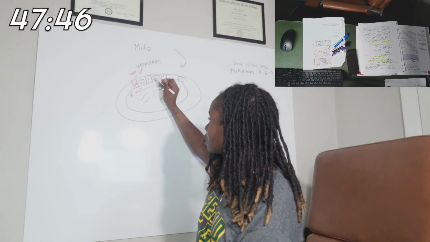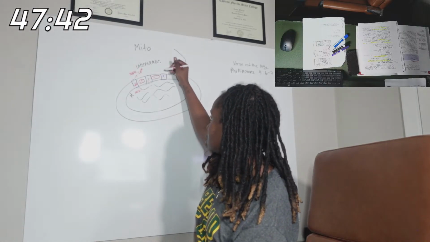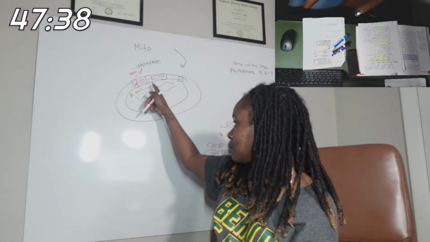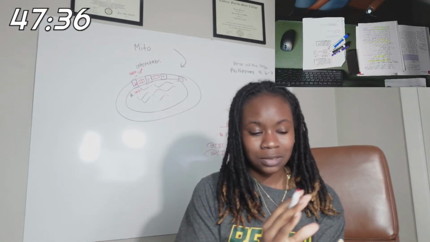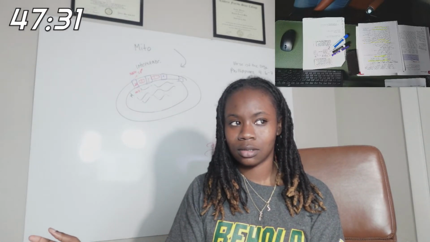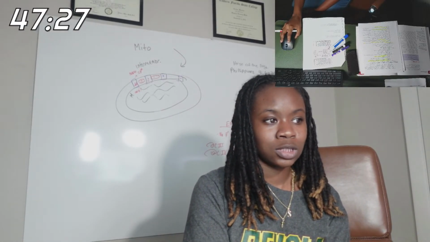Once it has 4, it transfers these 4 electrons to complex 3. That's literally all that's happening in complex 2. It is just transporting electrons from one side to the other. Cool. Now, let's figure out what's happening in 3.